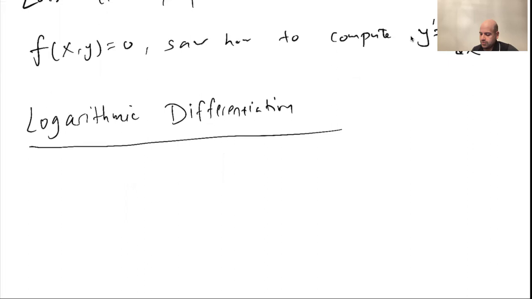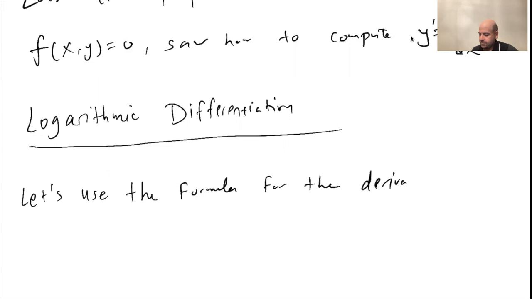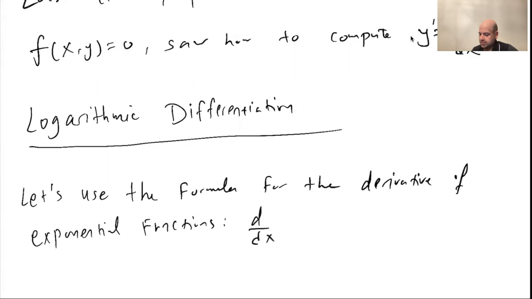So let's use the formula for the derivative of exponential functions. So we already know that d/dx of e to the power x is e to the power x, right?